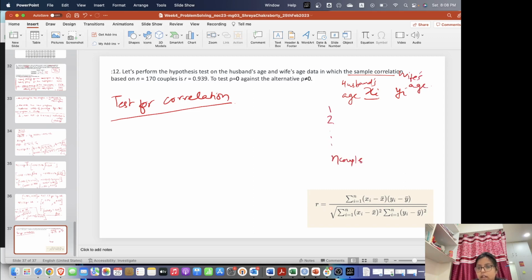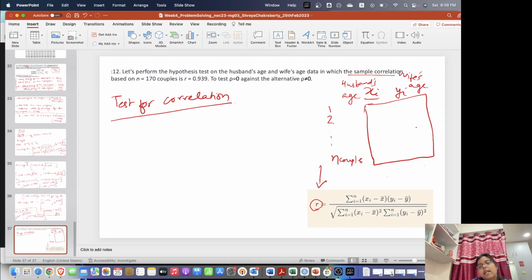If this is the data set that we have, then we'll calculate the sample correlation using this formula. We'll get the x bar for husband's age, y bar for wife's age, do these sorts of calculations, and then we'll arrive at r.